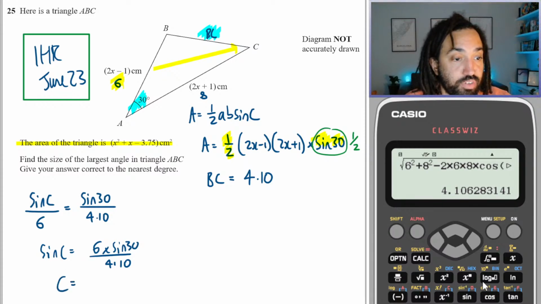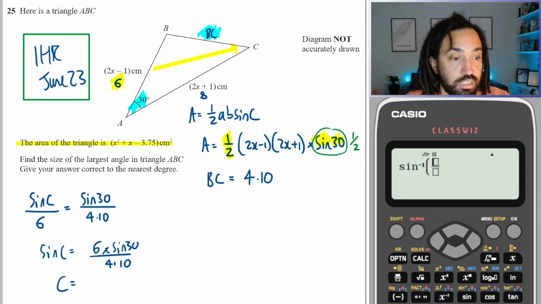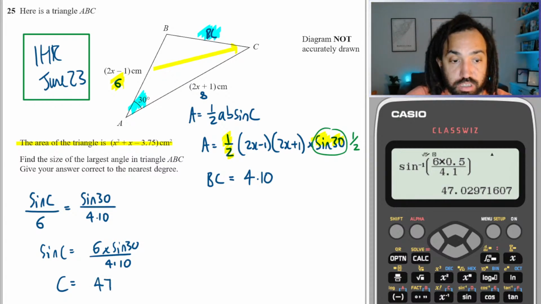So I could do inverse sine, open brackets, 6 times sine 30, again I know sine 30 is a half, so I'm just going to speed it up by just typing that in, over 4.1. And I get 47.0.